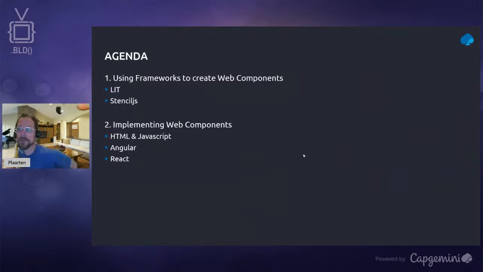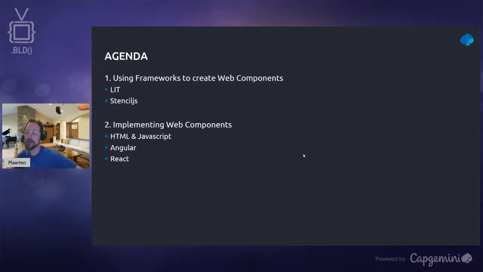What we're going to do is, because Ton has created such a great web component, I'll be recreating it, as you will, in a couple of frameworks. We'll have a look at Lit or Lit Elements, and we'll be taking a look at Stencil JS, which are both frameworks for creating web components.